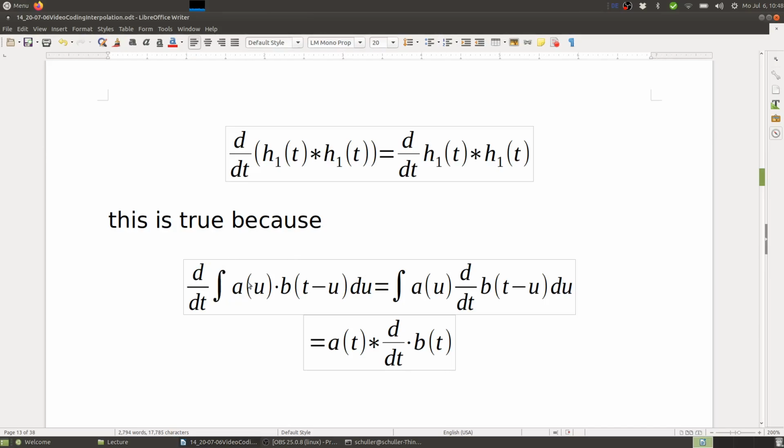Here we have the integral over a of u times b of t minus u du, and taking the derivative, since this is a linear operation, we can draw it inside the integral, and since only one of the two depends on the variable t, we apply it just to this b. That means this result is a convolution of a of t with d/dt of b of t. So we have just applied the derivative to one of the two convolution functions.